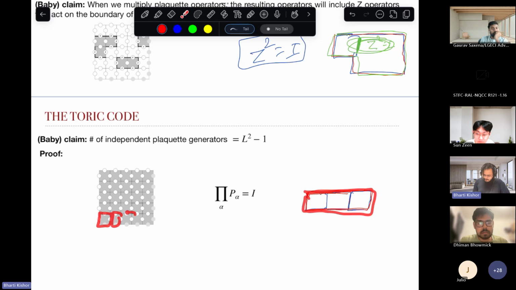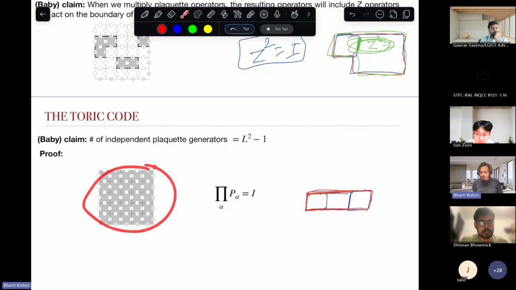But if I keep on multiplying everything and I have periodic boundary condition, when I multiply all, I get identity, because everywhere you multiply Z an even number of times.